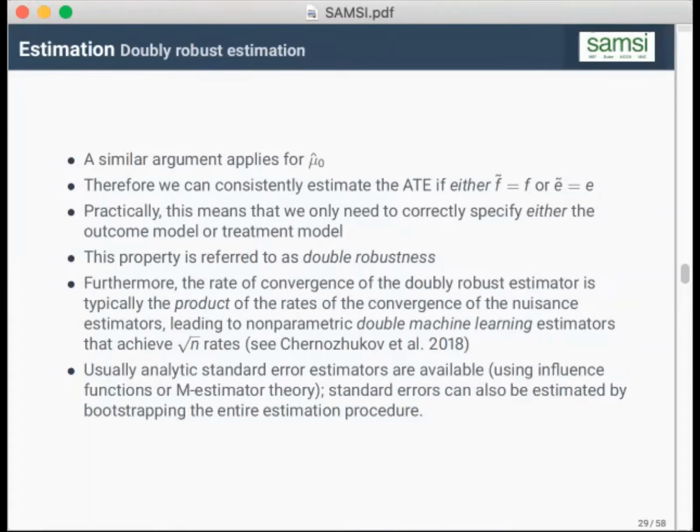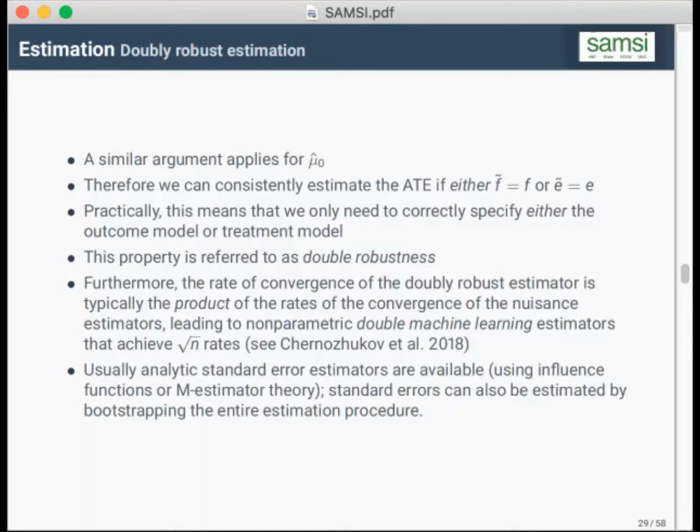And if they are both correctly specified, then we have an efficient estimator, meaning it has the smallest variance from a class of estimators. This property that we get a consistent estimator if either the outcome regression or the propensity score model is correctly specified is known as double robustness.